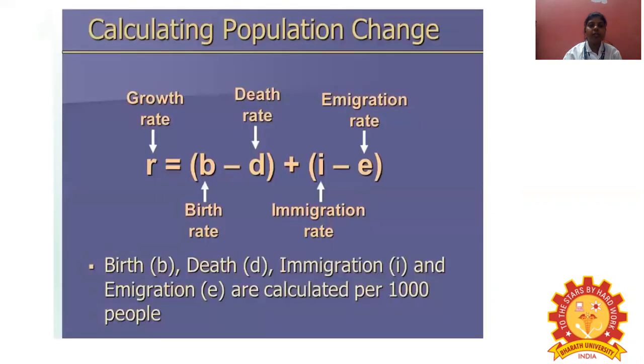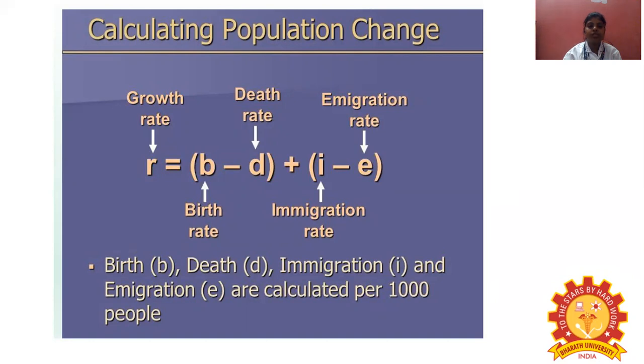Next, calculating population change. The formula for calculating population change is R = B - D + I - E. Here, R means growth rate. B represents birth rate.